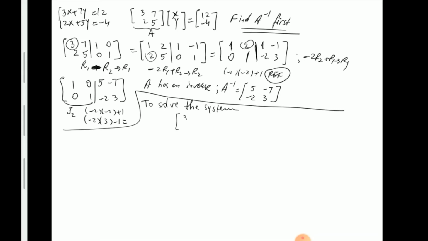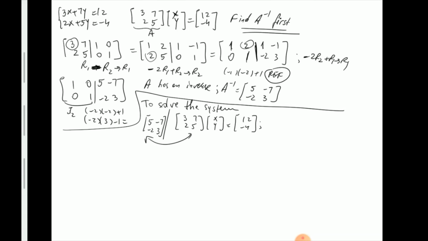So we start with the system in the matrix form, and by multiplying by the inverse, remember that on the left you're going to end up with the identity. You don't actually need to do the actual computation unless you want to check to see if you're right.